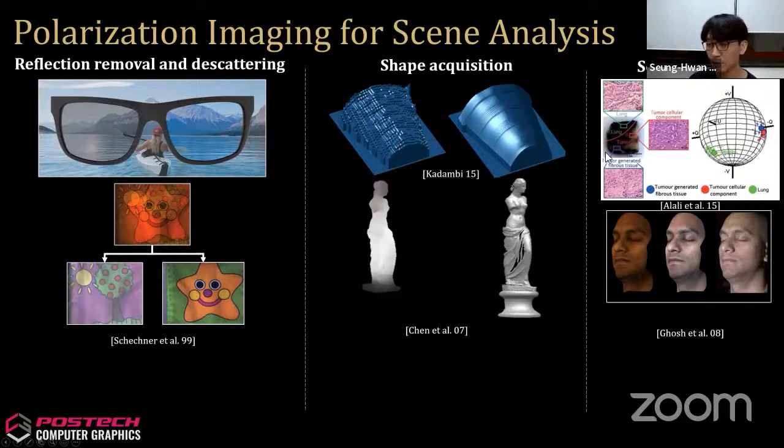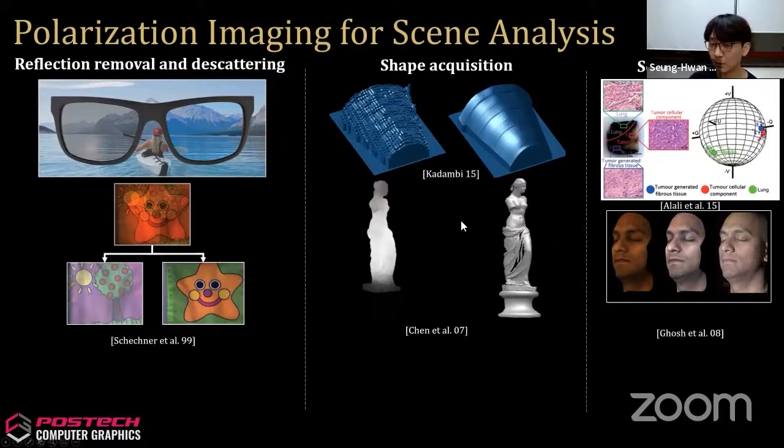We can use polarization for distinguishing two seemingly similar cells under RGB examination, such as a tumor cell and a normal cell. Or we can use polarization for separating the different layers of human skin, which could be used for accurate digital human projects.